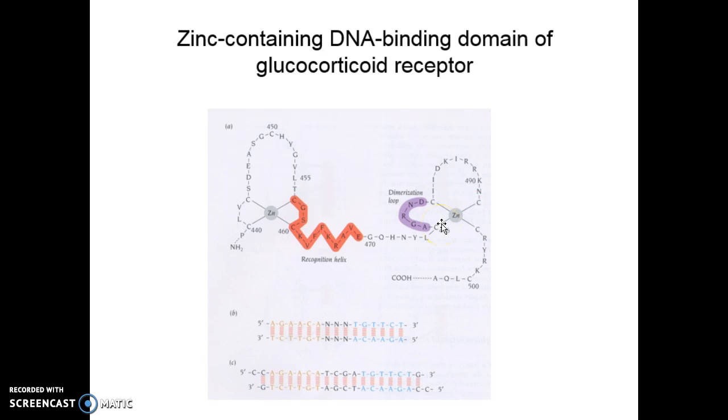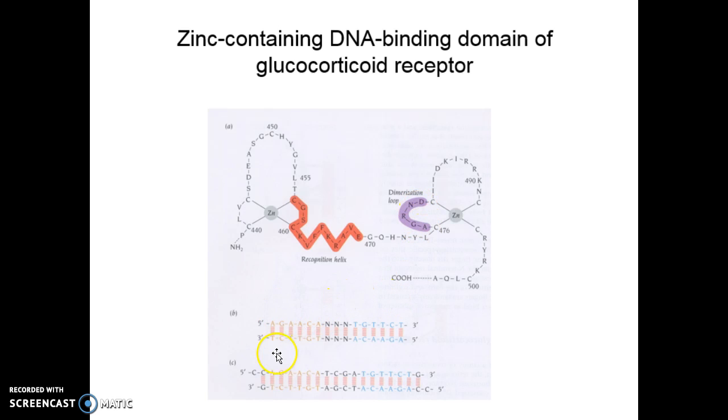One of these stabilizes the recognition helix in red that provides sequence-specific binding to DNA, and the other zinc region contains a loop in purple that is involved in formation of the dimeric molecule.